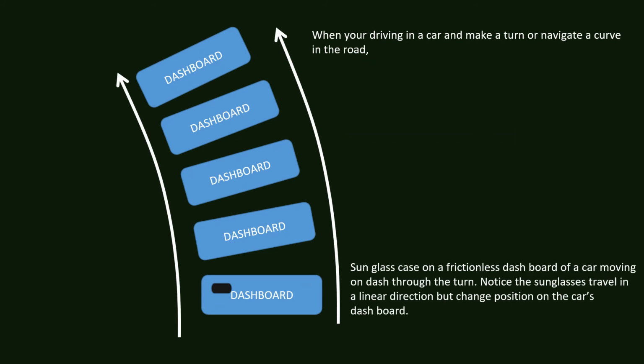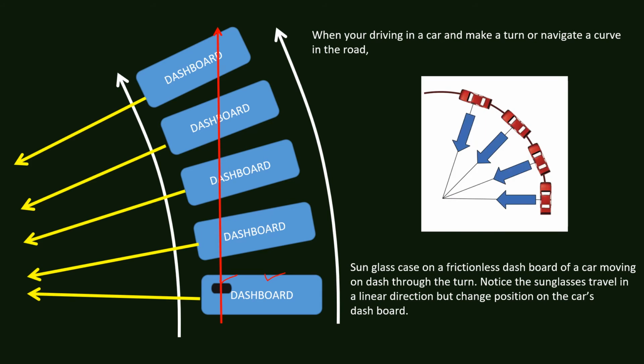So let's take a good example of this. We're looking down at a dashboard right here, and there is a sunglass case on the dashboard. We are looking down on a car. Here is the car over here, moving through a curve in a road, and the arrows are showing its centripetal acceleration towards the center.